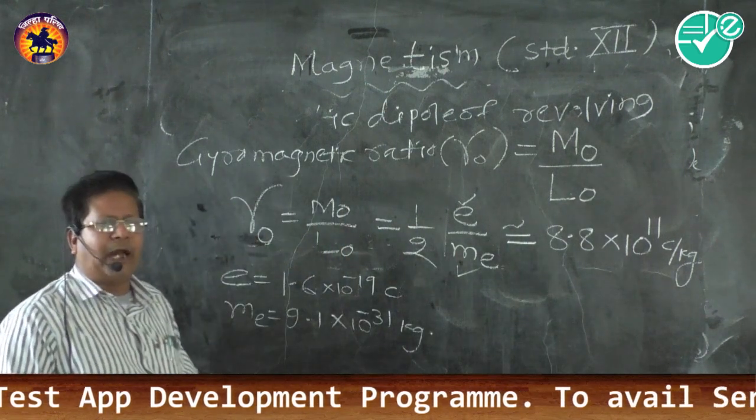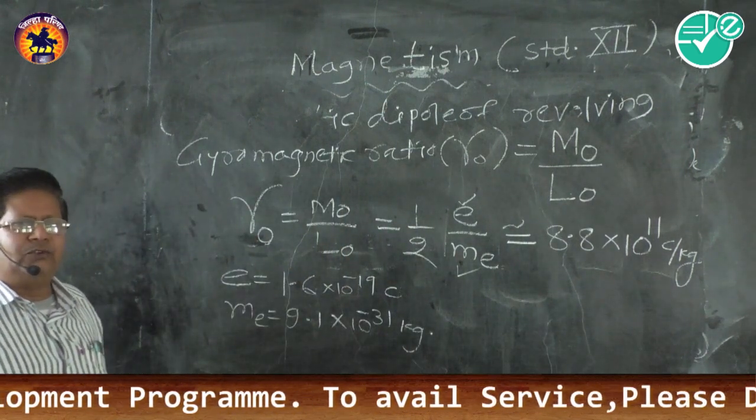So this is the value of gyromagnetic ratio, and it is constant.